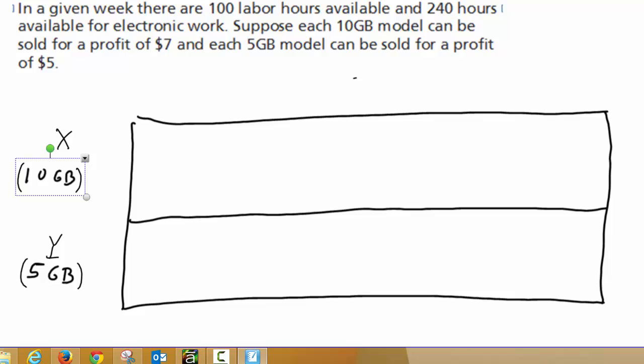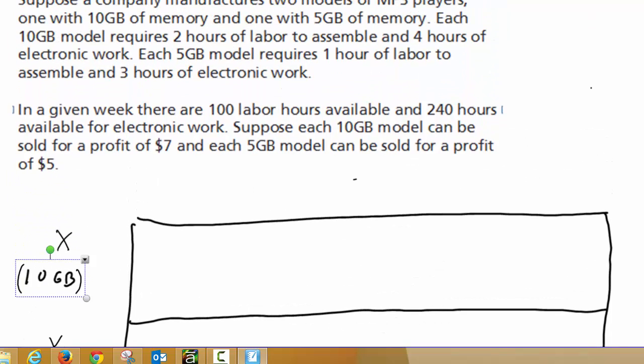Okay, now we need to know what resources there are. Well, if we go back and look at our problem, we see that on the one hand there's a certain amount of time that's required to assemble the MP3 player. Right? The 10 gigabyte model requires 2 hours of labor for each one, and the 5 gigabyte model requires 1 hour of labor.